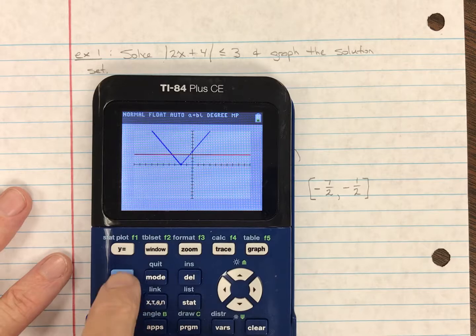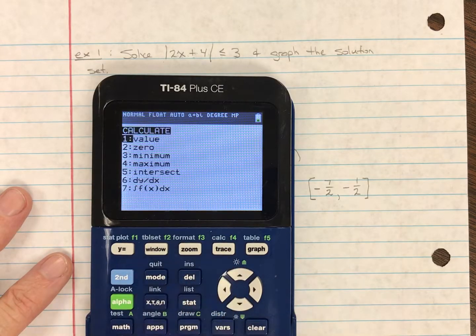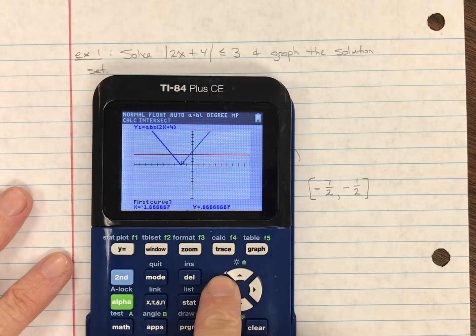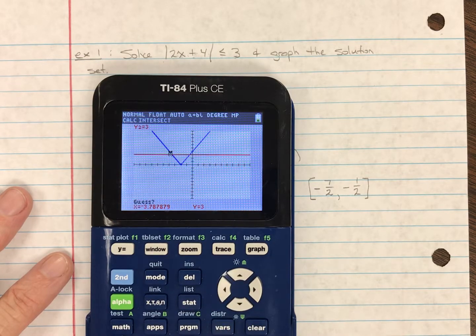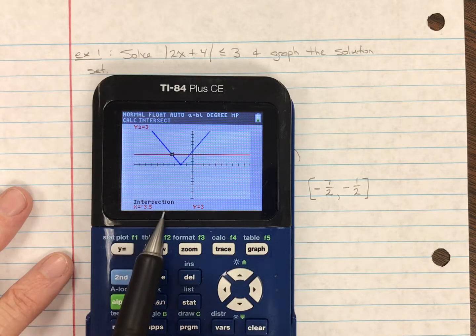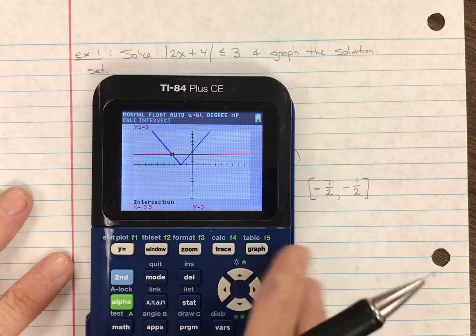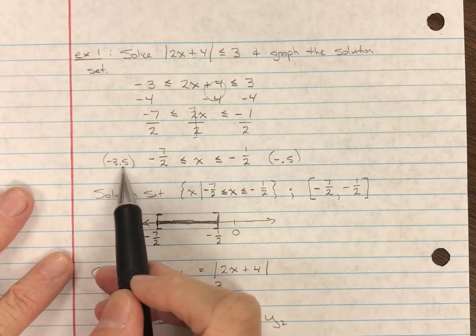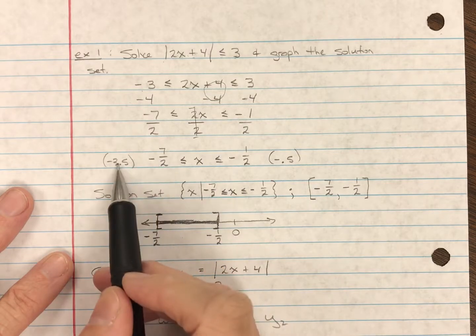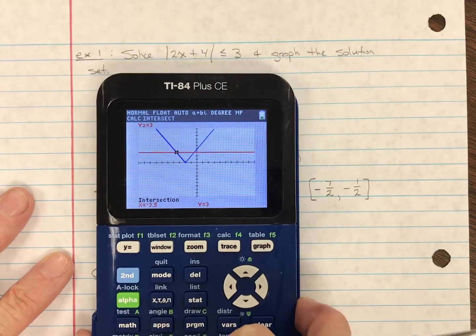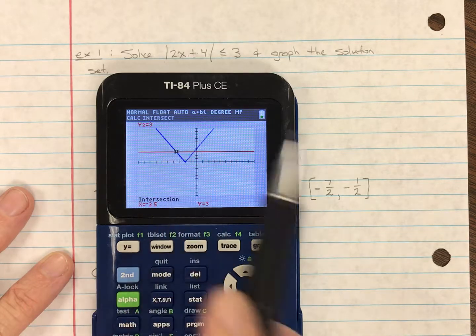Those are intersections, so let's calculate those intersections. I'm going to do the one on the left first. I'm going to go near to it. There's my first curve, my second curve, and check it. I got negative 3.5, which you can see right down here. And we have negative 3.5 right here, which we also called negative 7/2. Now let's check the right intersection point.